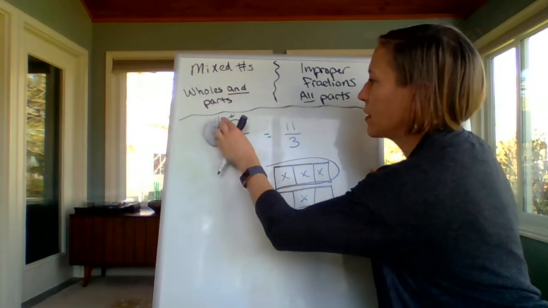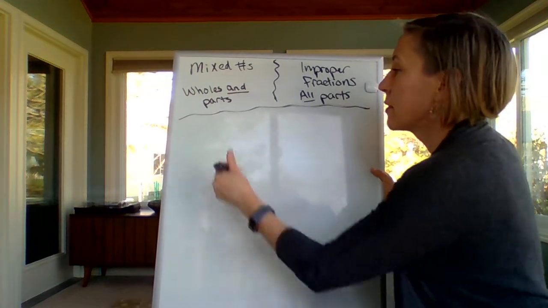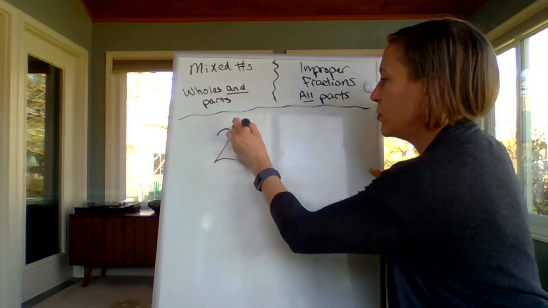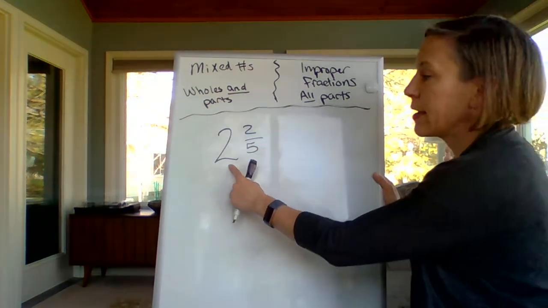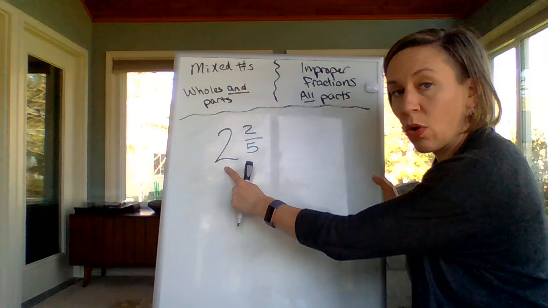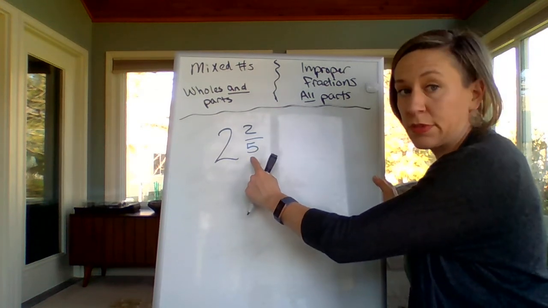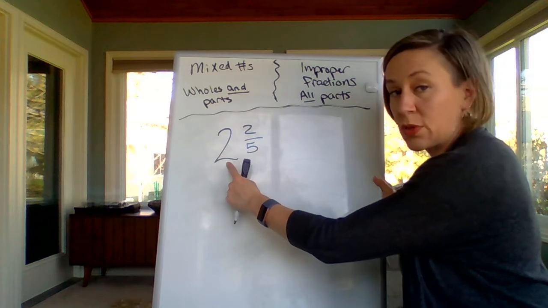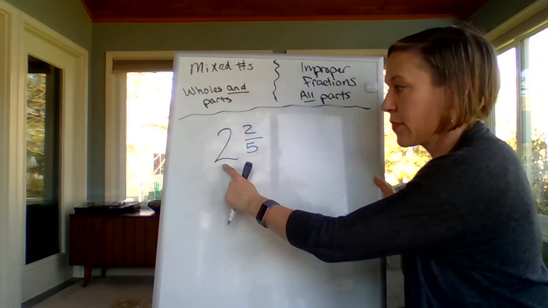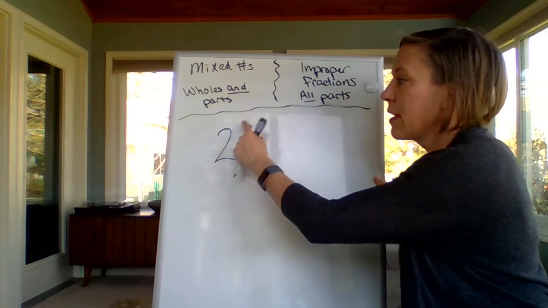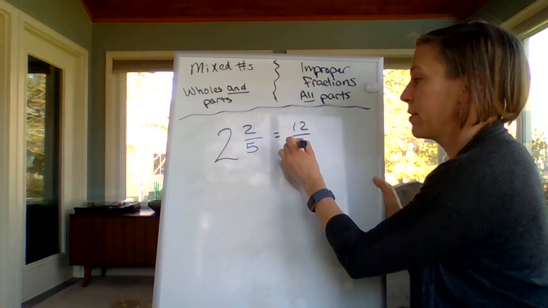Let's take one more look at that with another example. So if I have 2 and 2/5, again, I know that in order to make a whole, I have to have 5 pieces in it, because I'm working with fifths. So one of these wholes has 5 pieces. The other whole has 5 fifths. So that's 10 fifths plus 2 more fifths would equal 12 fifths.